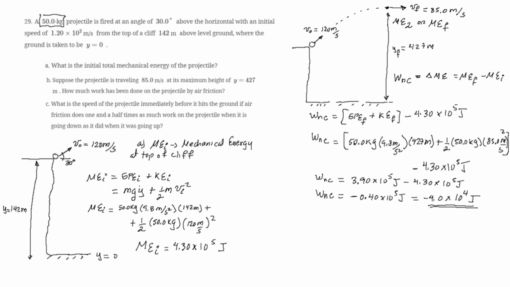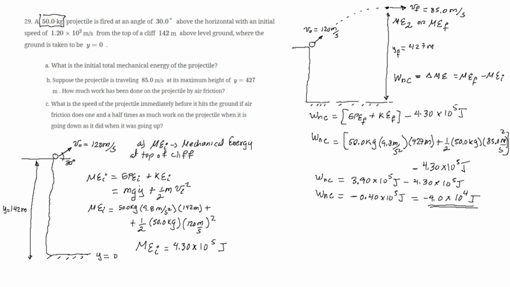Finally, they are asking what is the speed of the projectile immediately before it hits the ground, if the air friction does 1.5 times as much work on the projectile when it's going down as it did when it's going up.